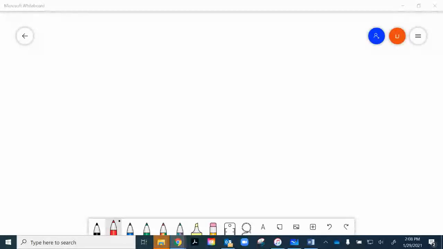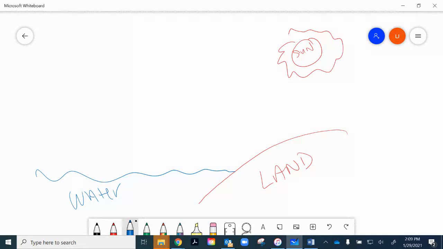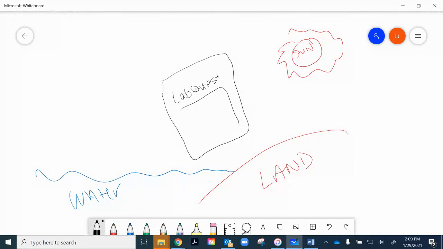Well, the first thing I want to show you is this. If I had sunshine shining, and there's land, and there's water. We did a test. With this test, we took something called a LabQuest. A LabQuest is basically a device like this, and it's got a screen on it.